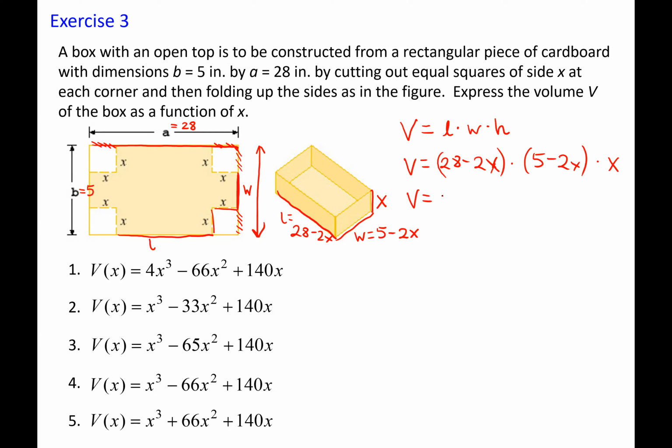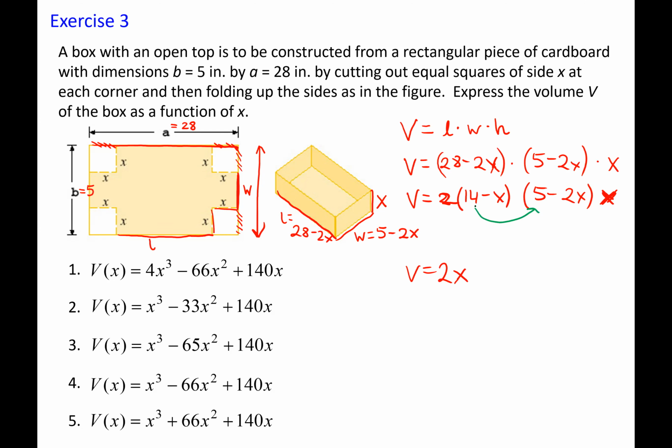I will factor out 2 from the first parenthesis, 14 minus x, 5 minus 2x. I can't factor out 2 from the others because 2 is not a common factor, so I will keep the 2 and the x in front, and then distribute this.